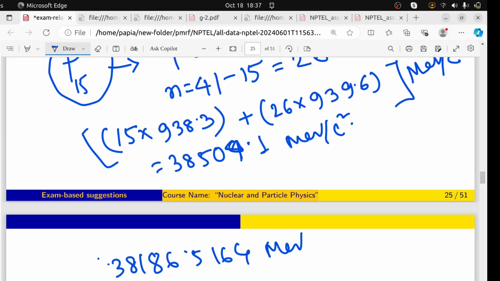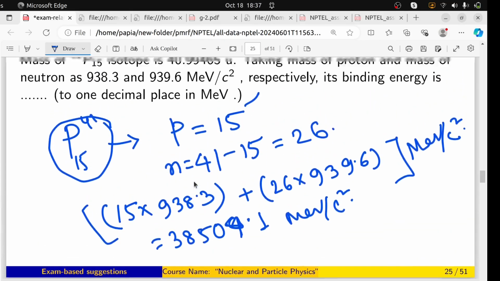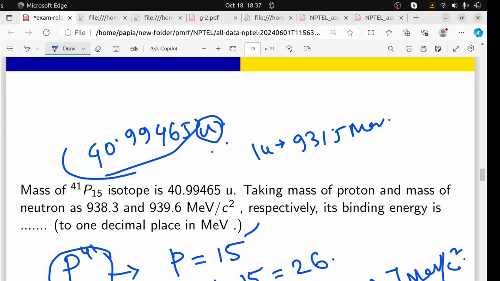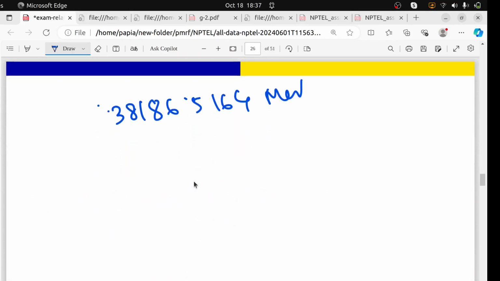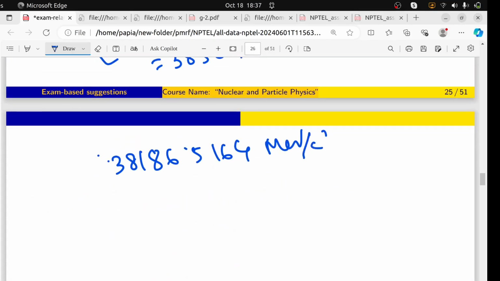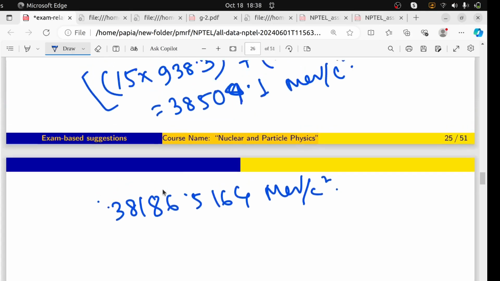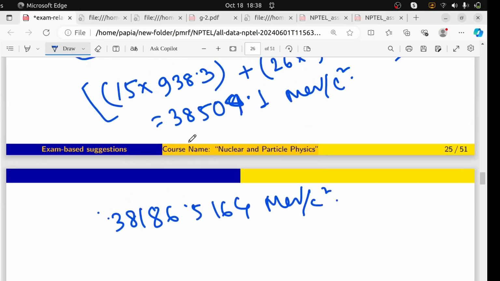One more thing that can be a little bit problematic for you is that there is MeV by C square and we are talking about 1 U in MeV unit. But just make sure that we are taking care of the natural unit. For natural unit C is 1, so we don't need to bother about C as well. So this is the nucleus mass and this is the nucleon mass.